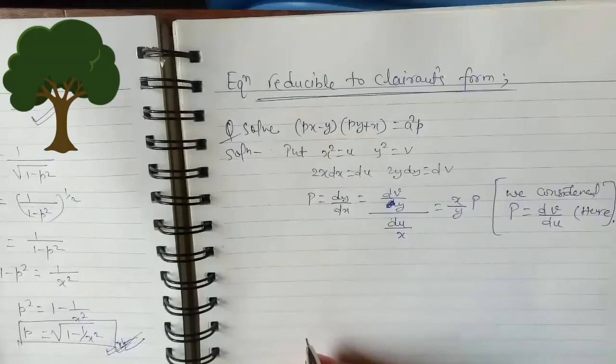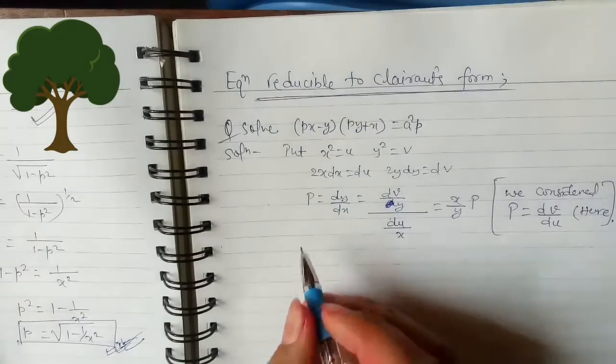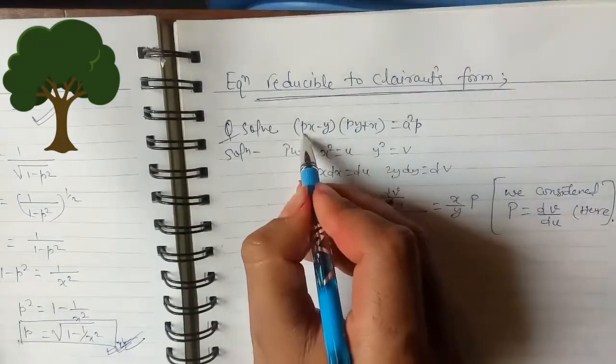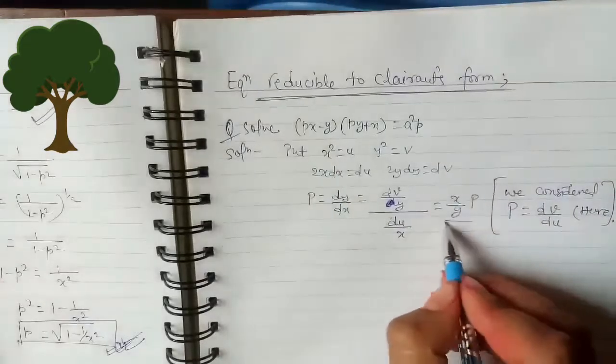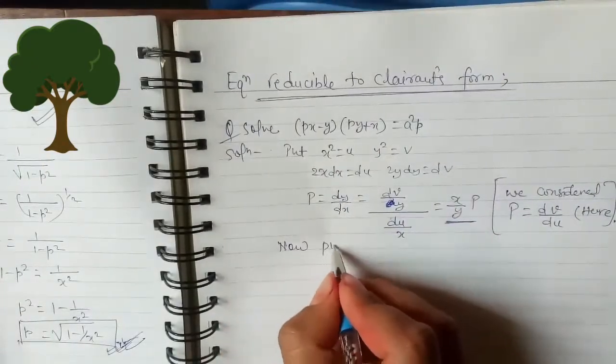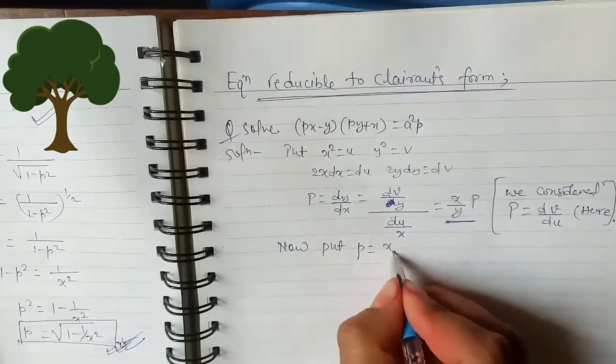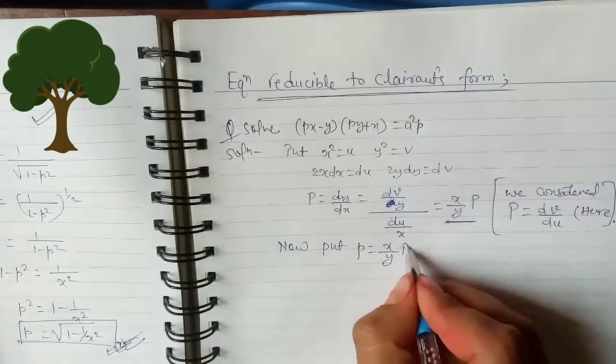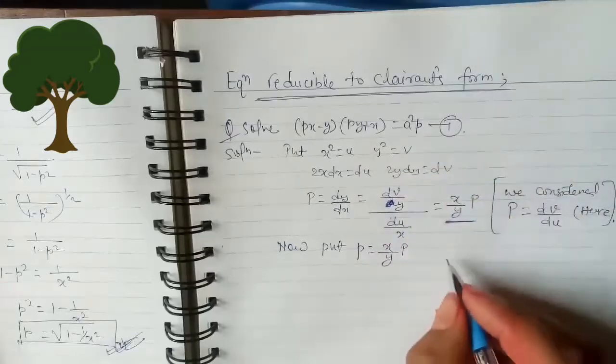So now what we can do is put small p is equal to x by y into capital P in equation 1.